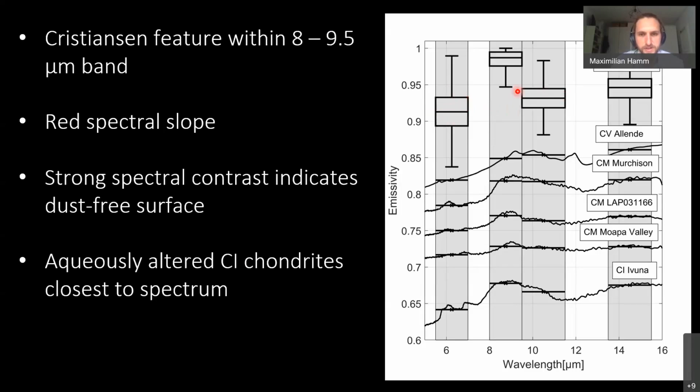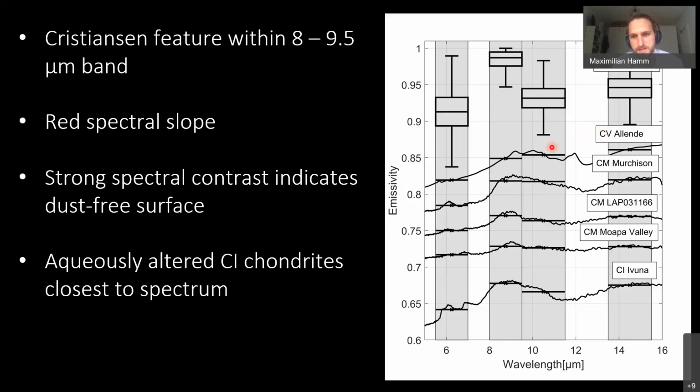That's very interesting because when you compare these to spectra of meteorites, and I show you here 5 different spectra of carbonaceous chondrites, which are believed to be the meteorites on Earth most similar to this asteroid.